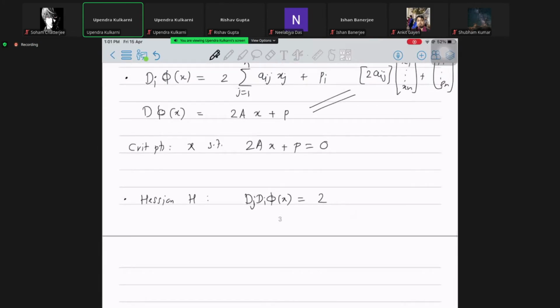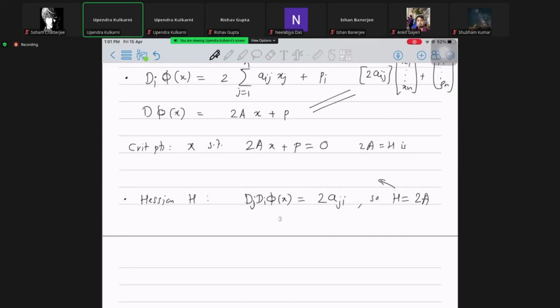So this is going to be 2 times aij or aji. So you see this matrix: H is really equal to 2 times A.